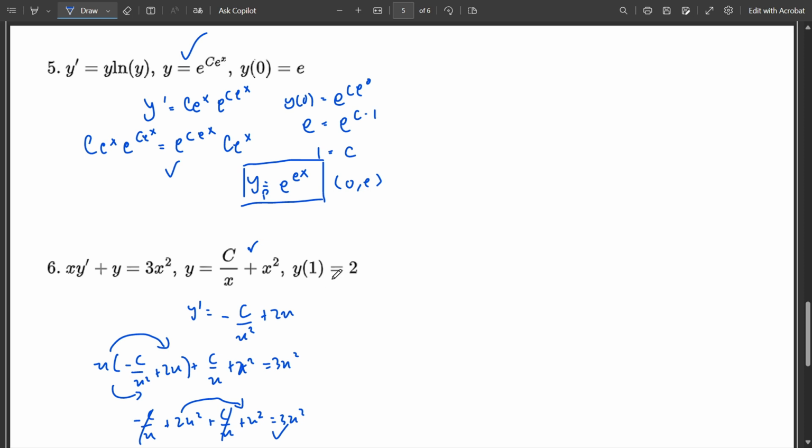And y of 1 equals 2. So we have to find the general solution at this point. y of 1 is equal to c over 1 plus 1 squared. And y of 1 is just 2.